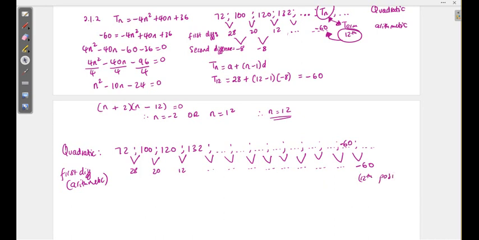This one is also on the 12th position. Do you see that? That's what we are saying when we say that a term in the quadratic is equal to the 12th term of the first differences. I hope that is okay.